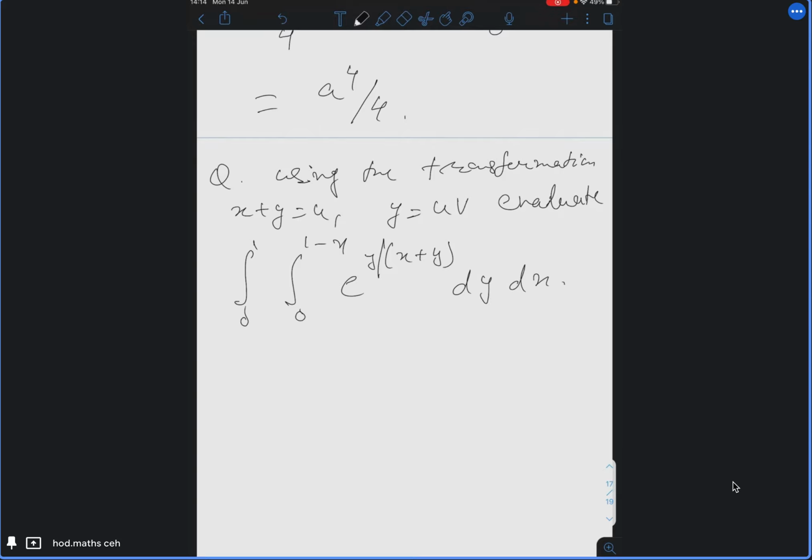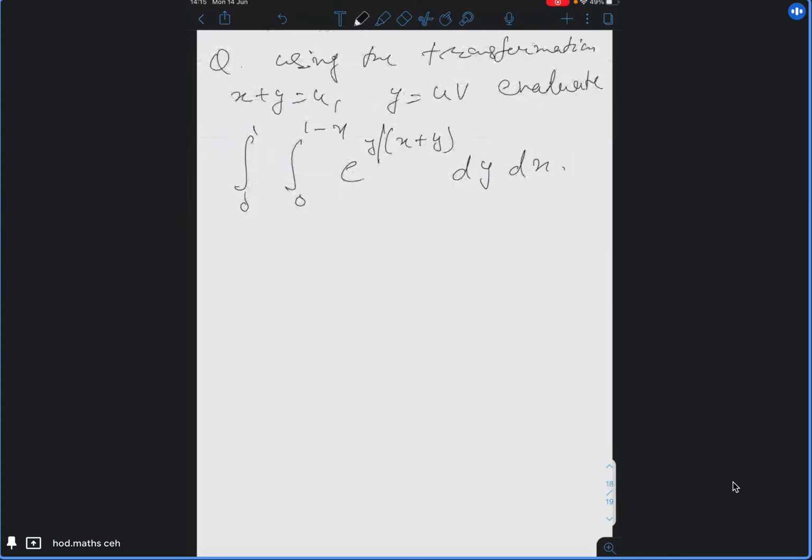So the order is written properly. Actually, they have given the answer for this. Show that the value of this double integral is something. I'm not giving it. Let us solve this one.